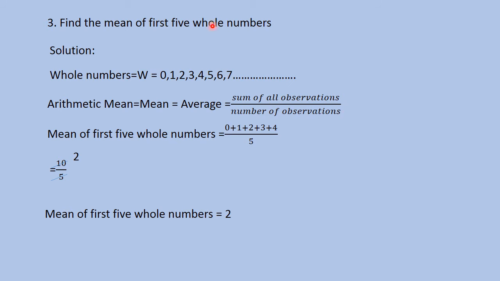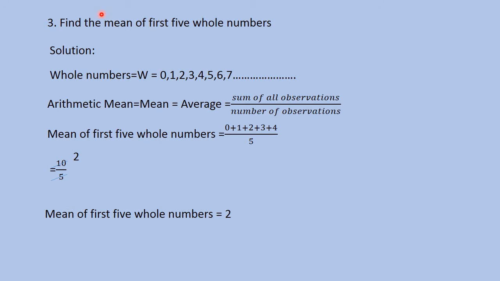And what is the set of whole numbers? Whole numbers are 0, 1, 2, 3, 4, 5, 6, 7, and so on. All positive integers plus 0. These are called the set of whole numbers.